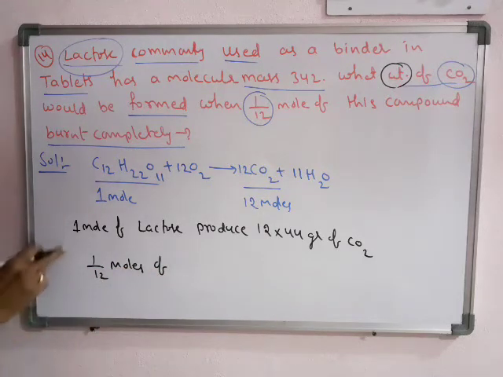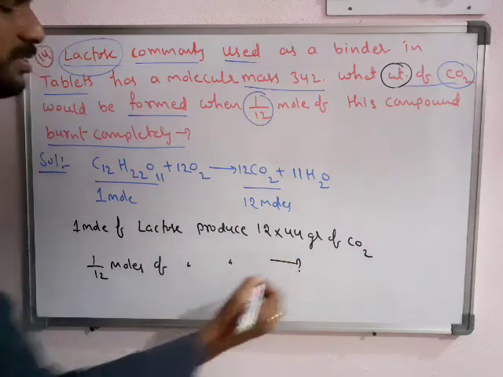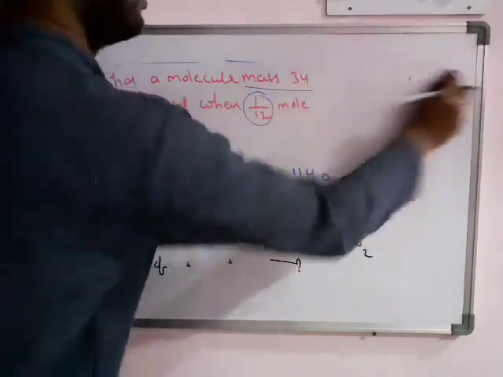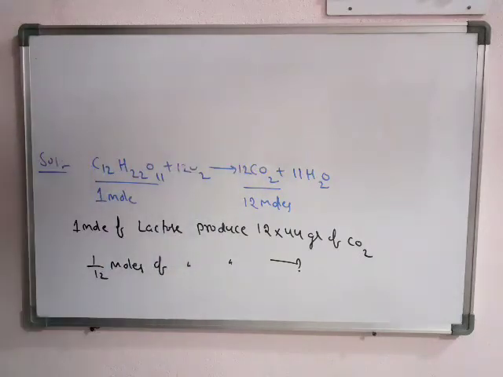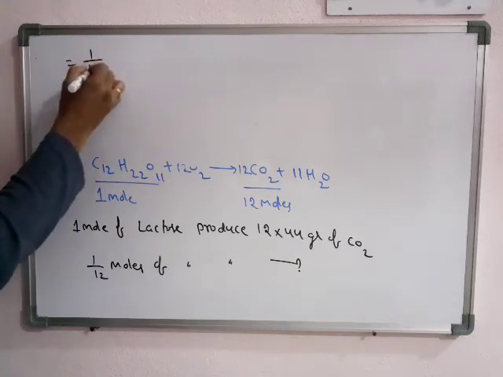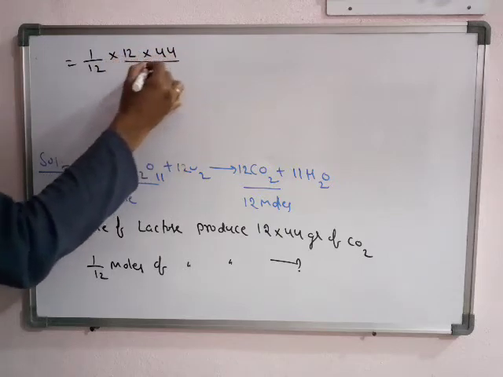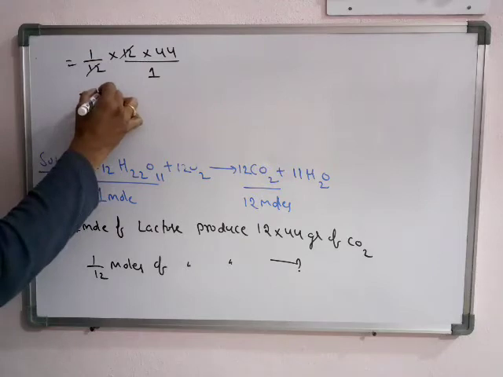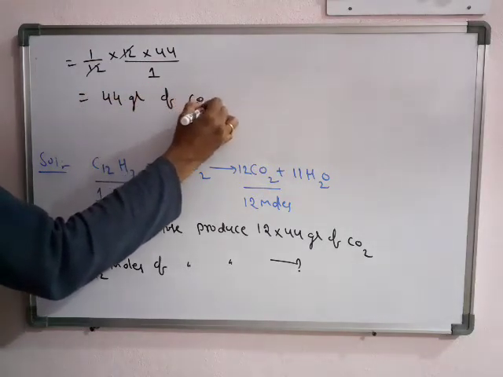The question is, 1 by 12 moles of lactose produces how much CO2? Very simple. Just by knowing the reaction, it becomes very simple. But always in the problem they do not give the chemical equation. So finally we will get only 44 grams of carbon dioxide.